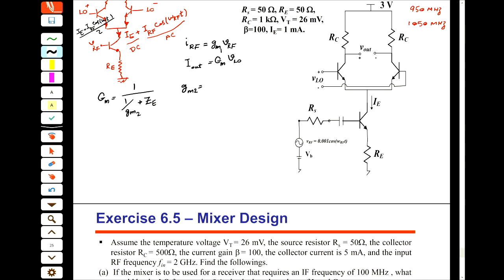GM2 equals IC or I out, which is IE plus IRF cosine omega RF t, divided by VT.